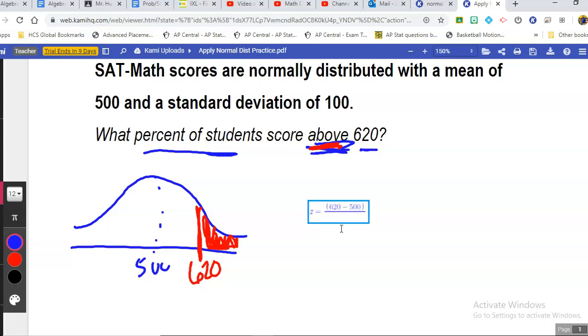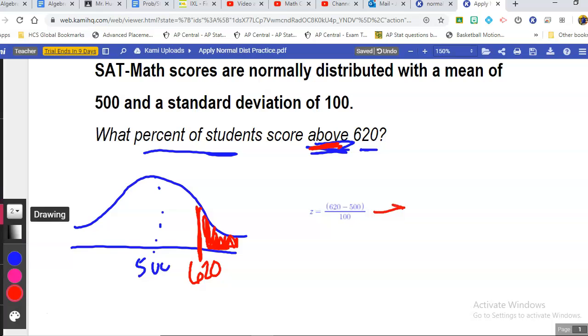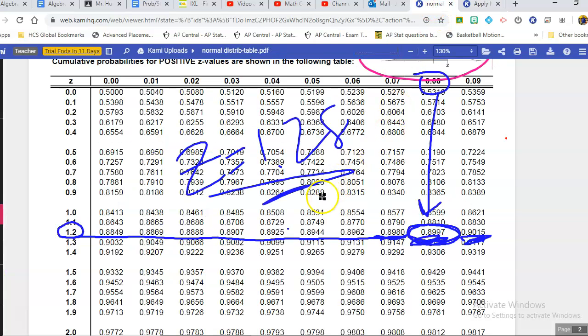And we're going to divide that by the standard deviation of 100. Now, you're going to find that that's 120 divided by 100. And that is going to give us a z-score of 1.20. So we're going to look up 1.20 in our table, and then we'll go from there. Now let me clear some of this stuff out.